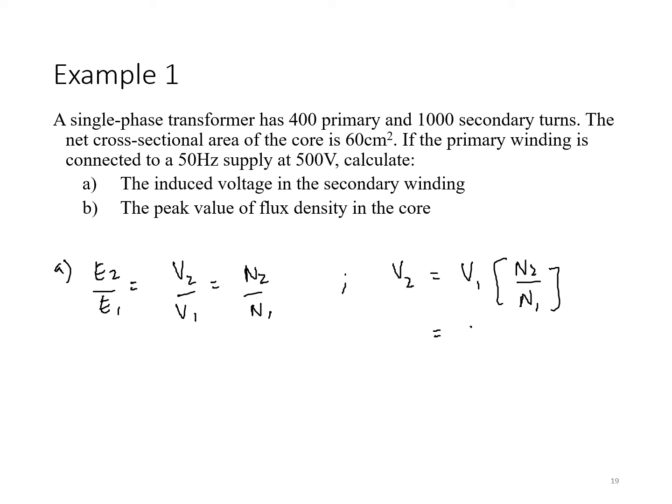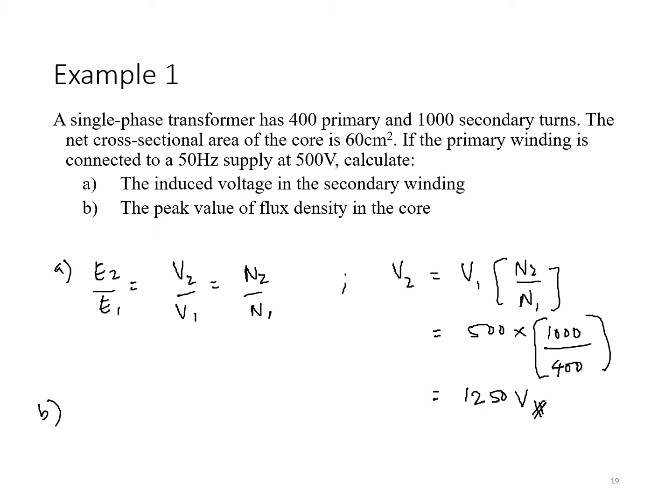So we get 500 multiplied with 1000 divided by 400 turns, which is equal to 1250 volt.